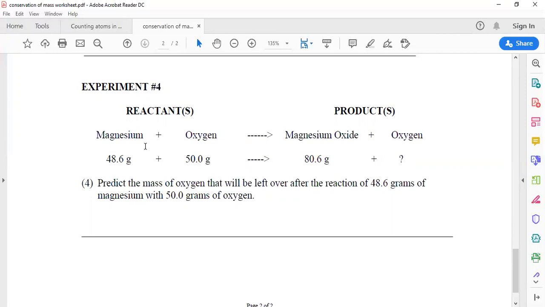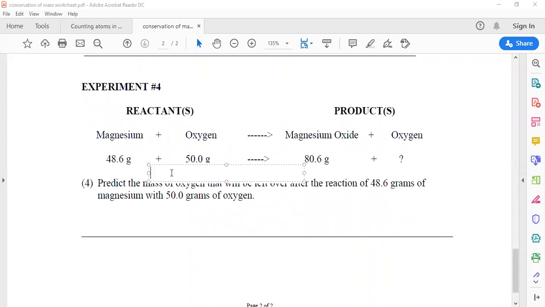Once again, whatever you begin with, you must end with. So I started off with 48.6 grams of magnesium and reacted that with 50 grams of oxygen.